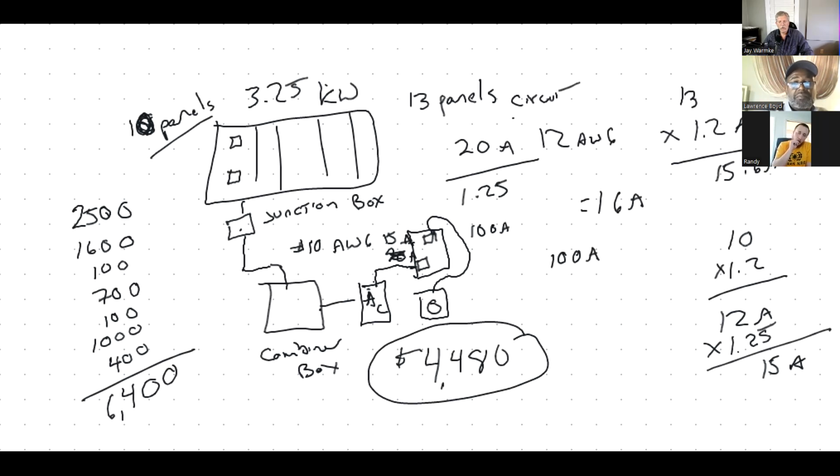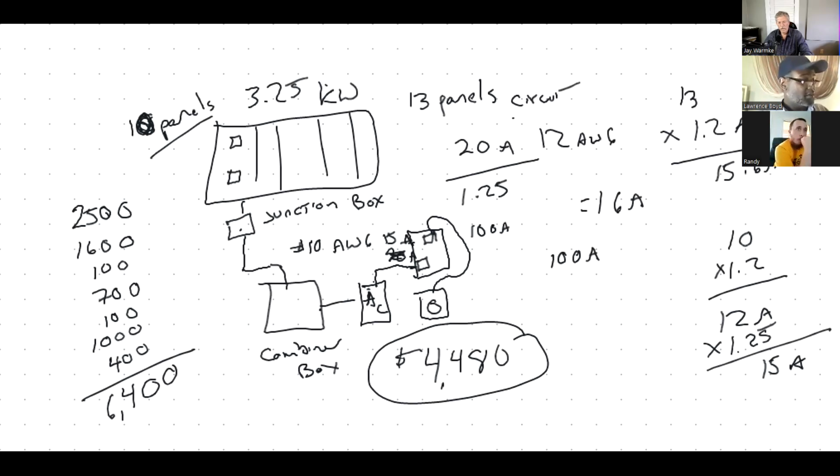Now, we already figured out this system will generate, what did we figure? How many kilowatt hours per month? Do you remember that? 4,400. No, that was per year. Wait, I wrote it down. I think it was 360. 350 or 370? 360.